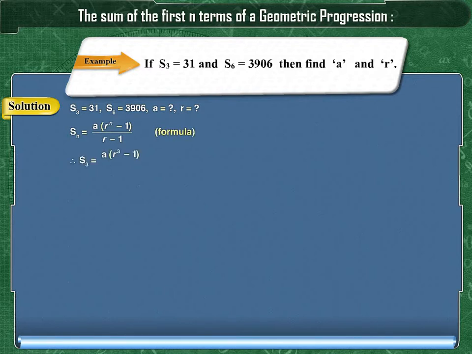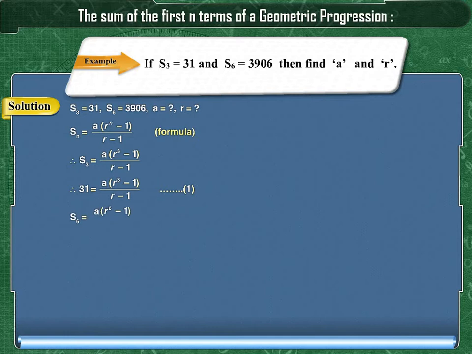But S3 is given as 31. Therefore, 31 is a into r raised to 3 minus 1 upon r minus 1. We will denote this as equation 1. Substituting n is 6 in the formula, S6 is a into r raised to 6 minus 1 upon r minus 1.